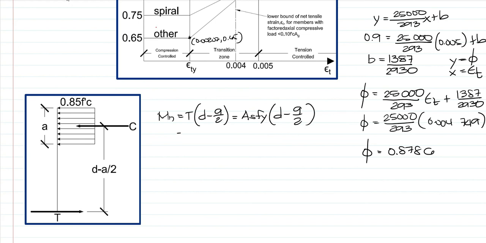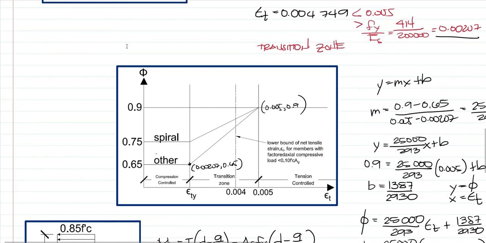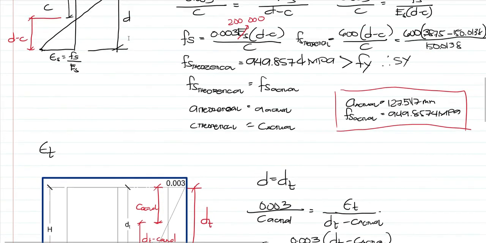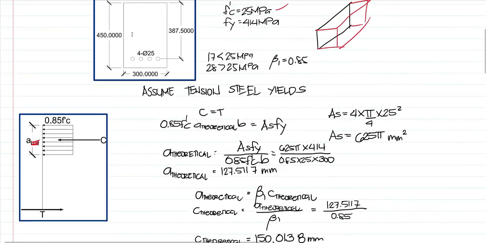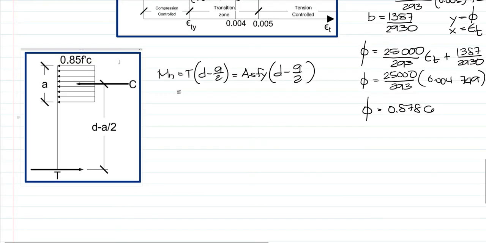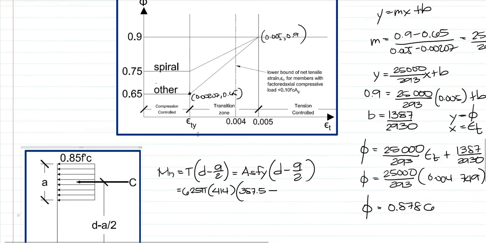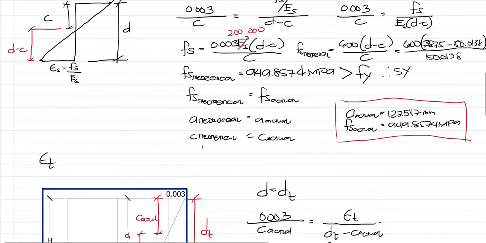So, that will be equivalent now to a value na yung As natin is 625 pi. Then, yung Fy natin is 414 megapascal. Then, yung d natin is 387.5 minus yung a natin na nakuha kanina, yung actual value na.